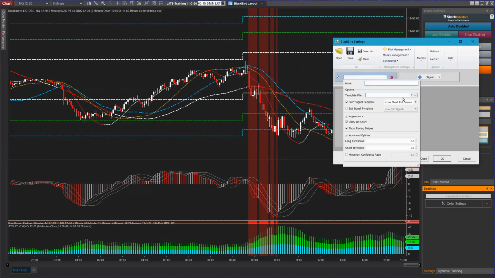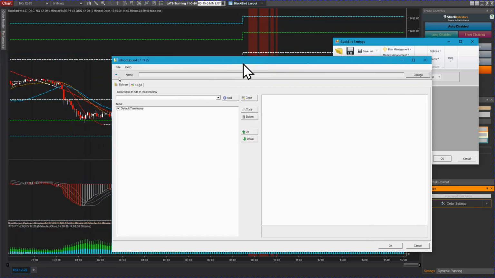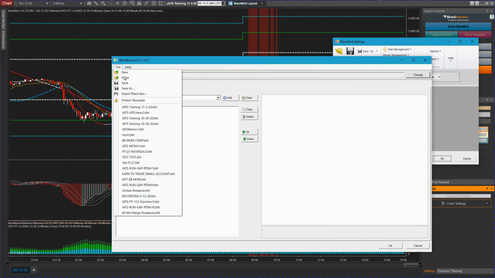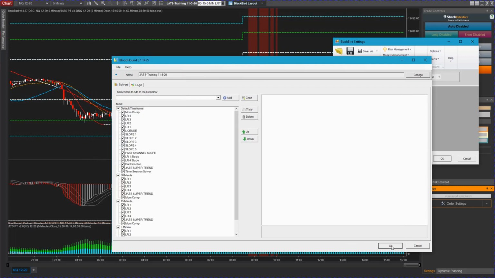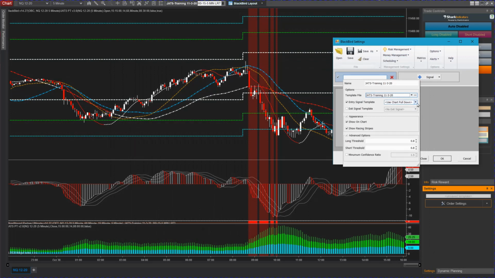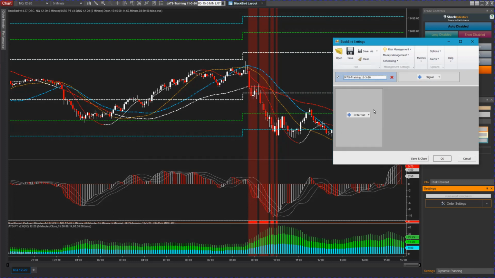If you want to use that as your template file, just click on the ellipsis, open your bloodhound folder, pop your my training template for Tuesday. I just copied Fridays, or excuse me, Wednesdays, Thursdays. So just put your solver that you want to use for your entry signal.